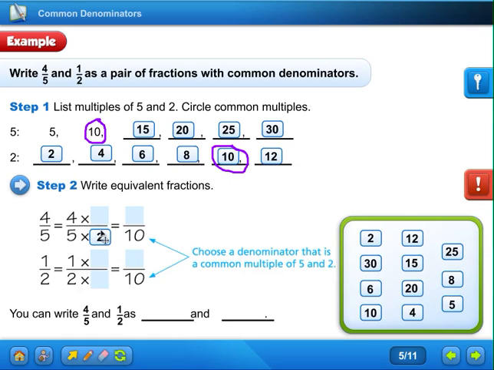Remember, whatever you do to the bottom, you have to do to the top. Or whatever you do to the top, you have to do to the bottom. So if you multiply the bottom by 2, you have to multiply the top by 2. So 4 times 2 equals 8. Now, that was that fraction up there. You don't have to multiply the same down here.